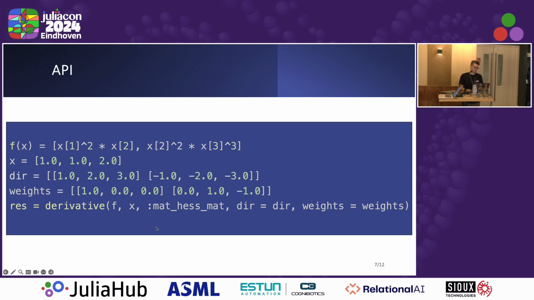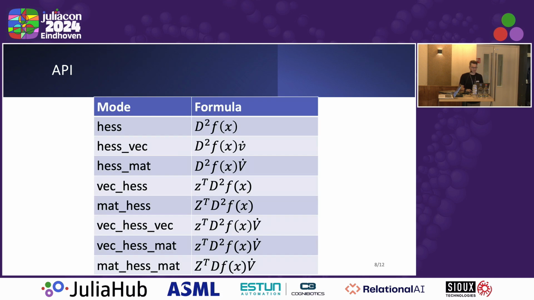For example, if you want to compute a matrix Hessian matrix product, which is a tensor product, you in addition have to specify weights, which is the left multiplier, and then give this to the derivative function. For this case too, there are many more possibilities, like a Hessian vector product, and you can find all the possibilities in the documentation.